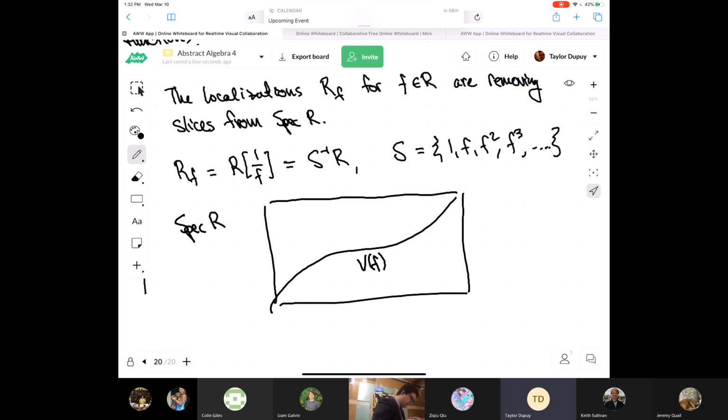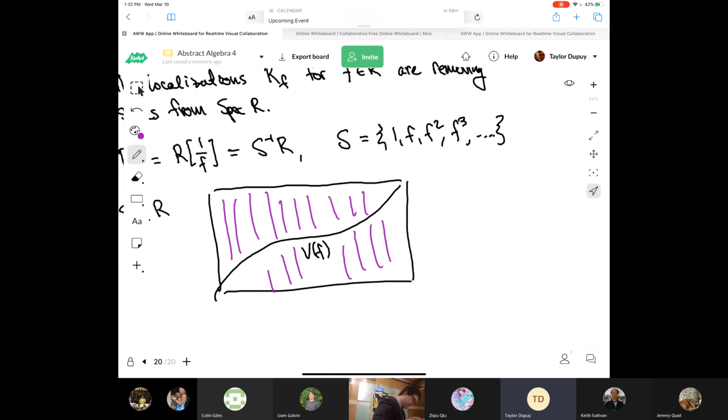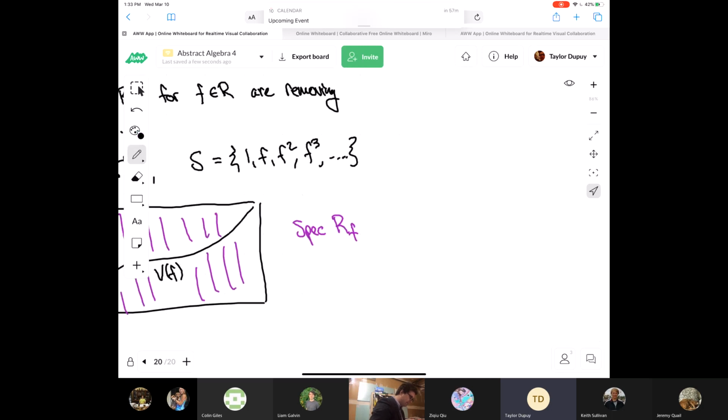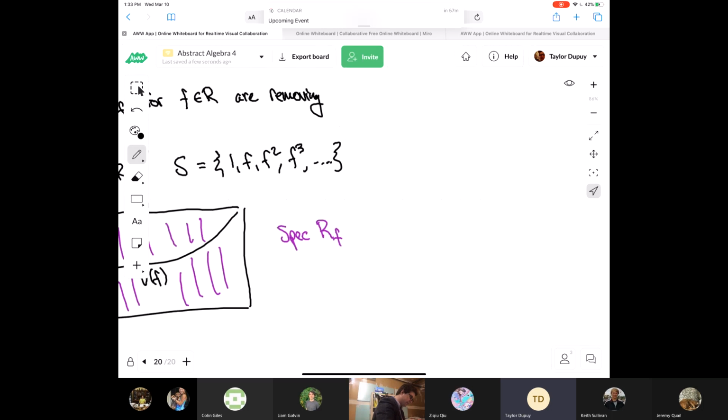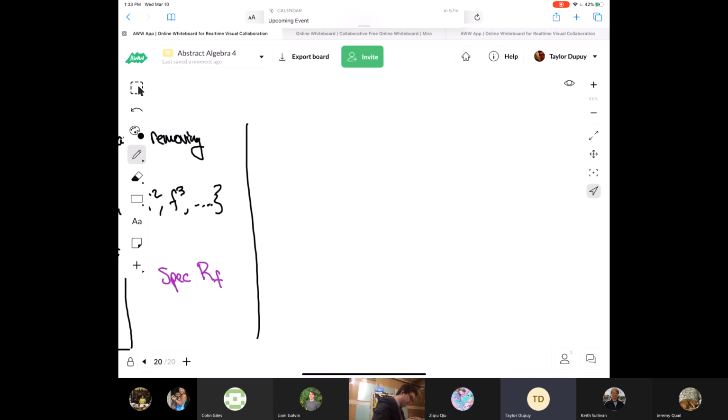And then what's left over, this negative space here, that's what we should think of as Spec of R_f. And you can actually make this precise, and this will come up in a lemma that we use for both of these.